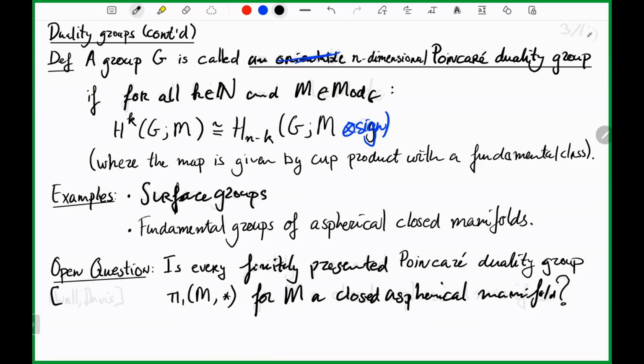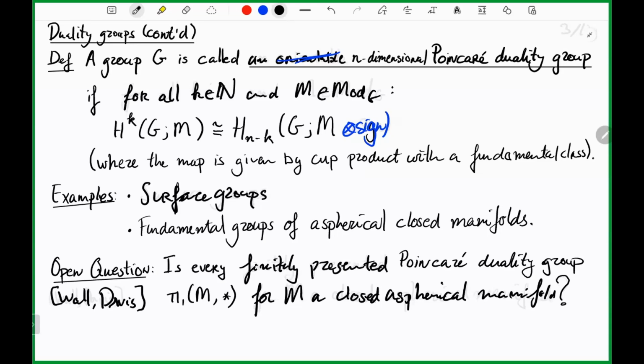This is something that goes back to Wall, who was the first, I think, to study Poincaré duality groups. So he asked this question, and somewhere in the 90s, Davis came along and gave examples of non-finitely presented Poincaré duality groups that are not the fundamental group of a manifold. And the finitely presented case is just open.